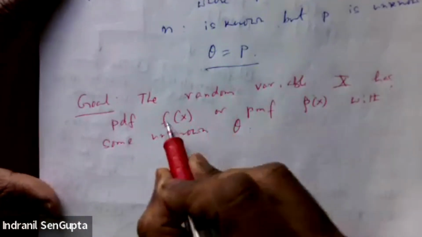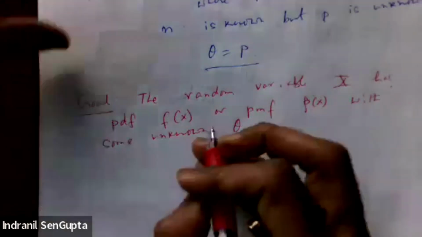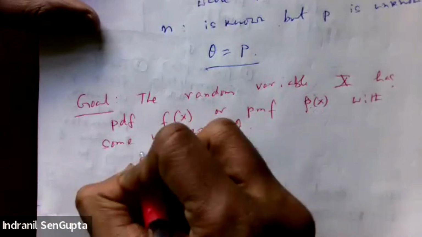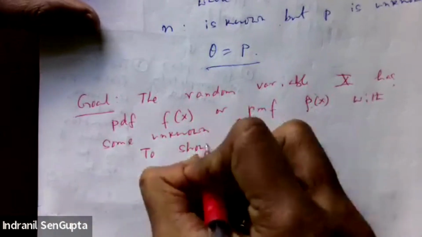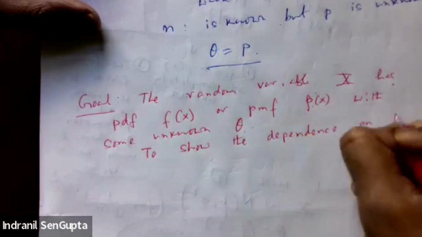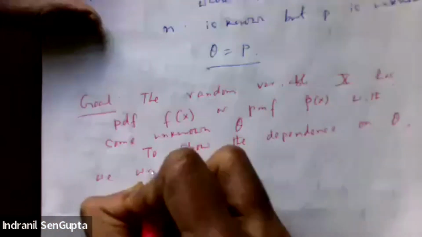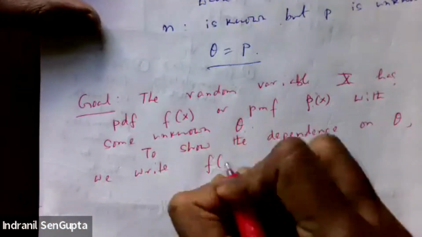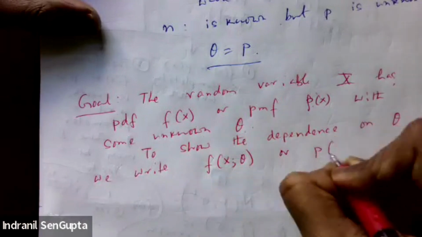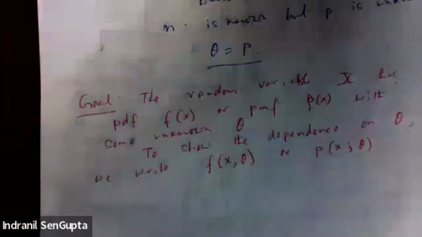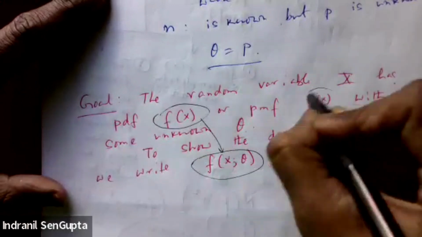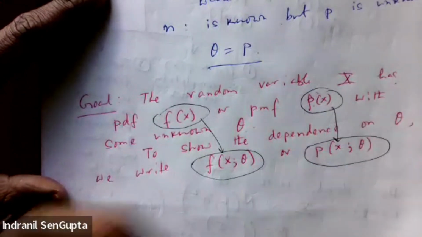Just to emphasize that this f and p are dependent on theta, we write this f of x semicolon theta or p of x semicolon theta. So basically we write this f_X as this one and p_X this one, where this theta is unknown.